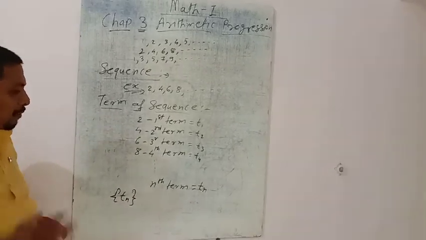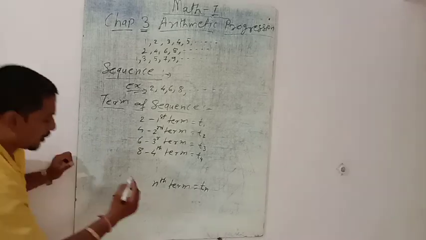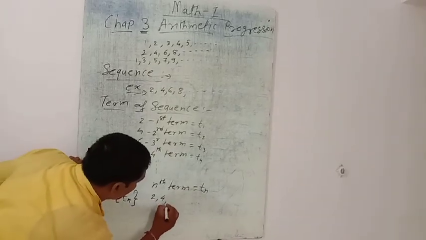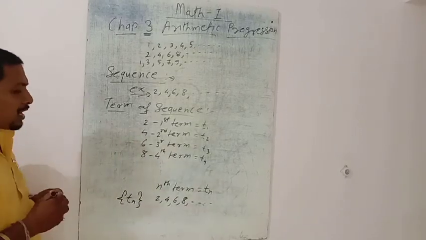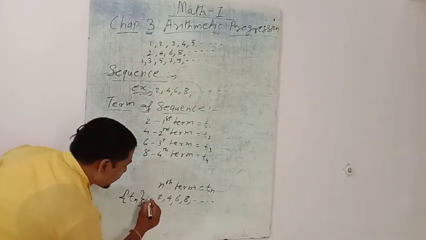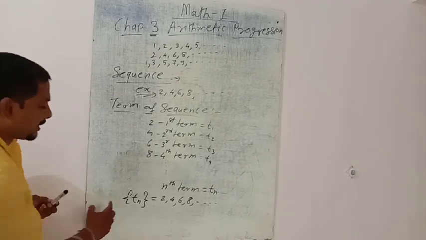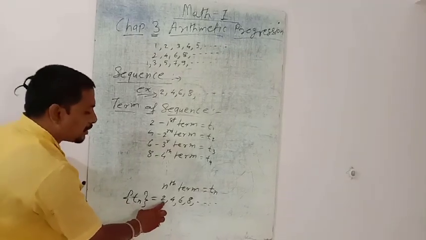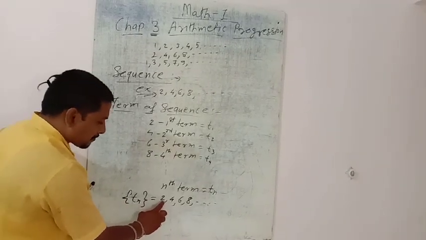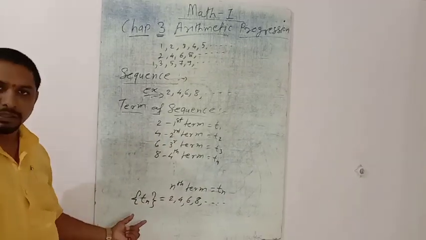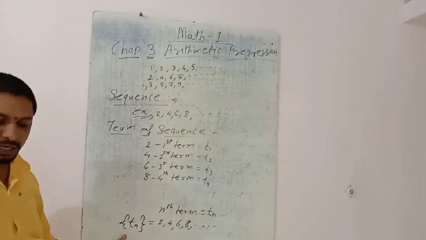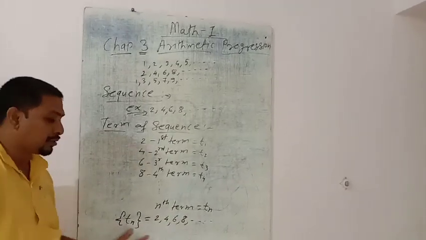Let us take one example. Suppose 2, 4, 6, 8, and so on. This is the sequence, and it is denoted as {Tn} equals 2, 4, 6, 8, and so on. We write the sequence in this way.